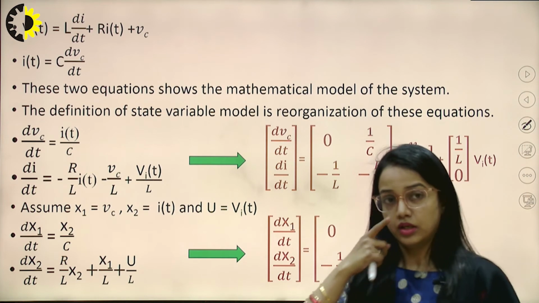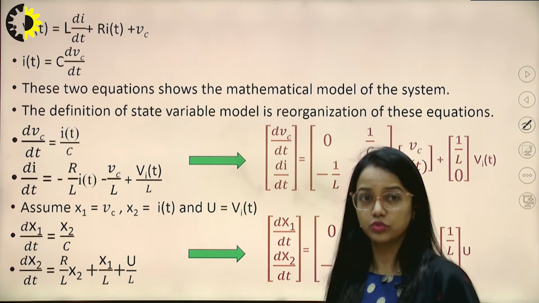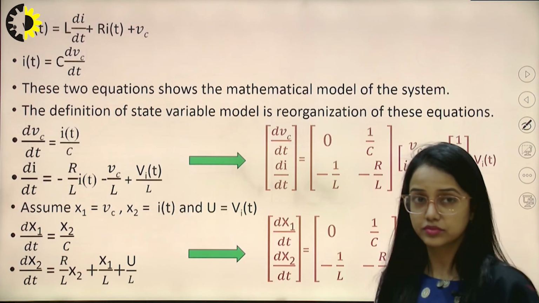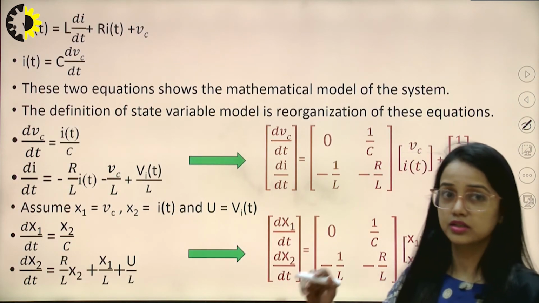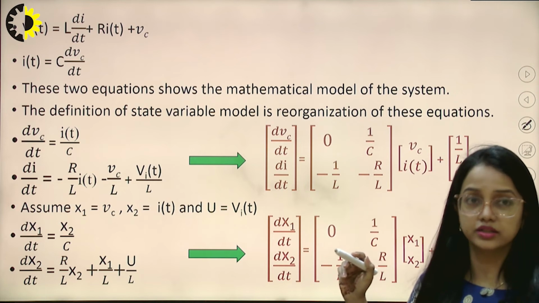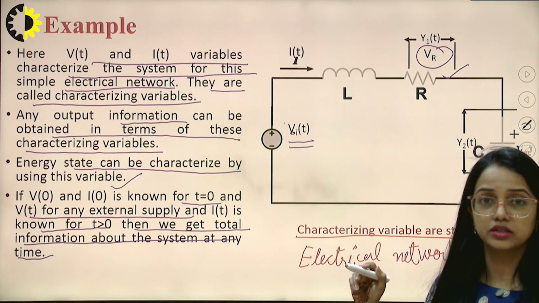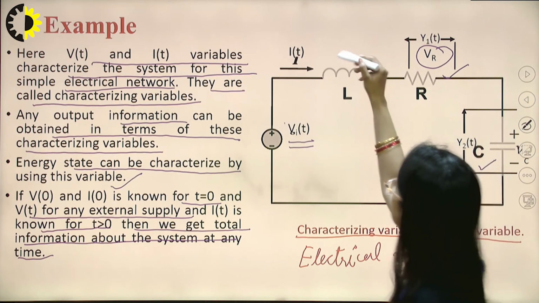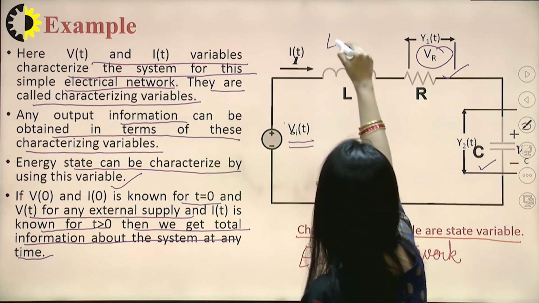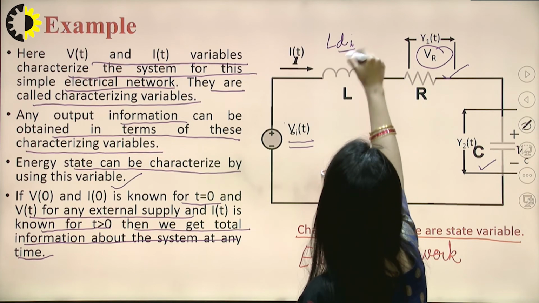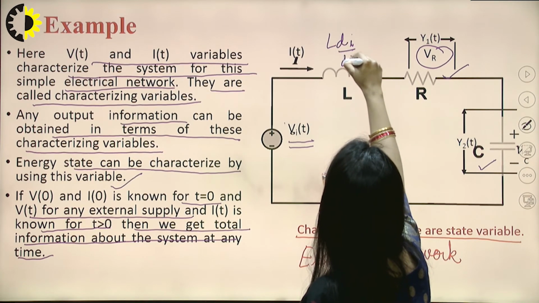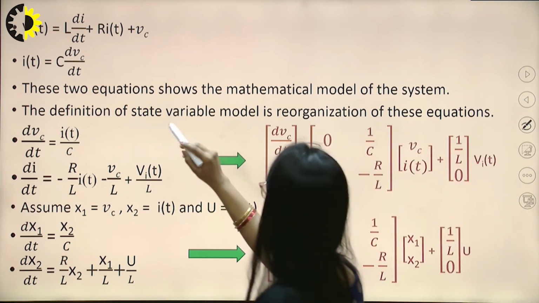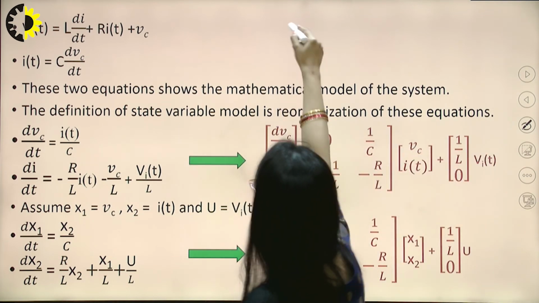Now, one more thing I want to tell you: the voltage across the inductor we can characterize as L di by dt. So we study this network. Let me draw the network here.